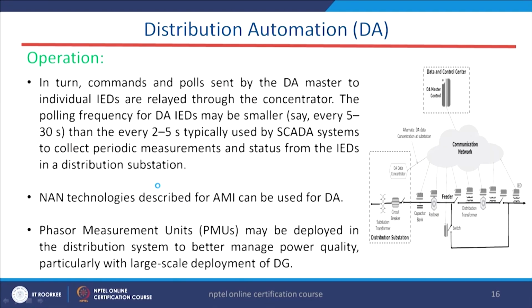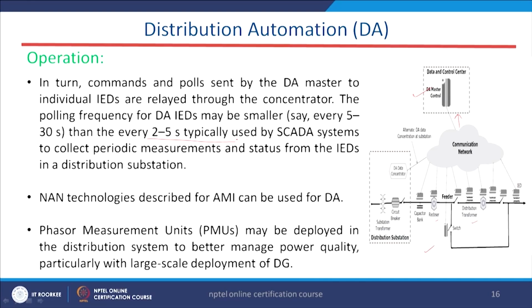That is how, as the infrastructure we have already discussed. Here these are the devices, like we have capacitor, recloser, distribution transformer, and all these equipments and switches. The IEDs will send the data to this DA master control center. Basically this data is sent every 2 to 5 seconds as far as SCADA systems are used.